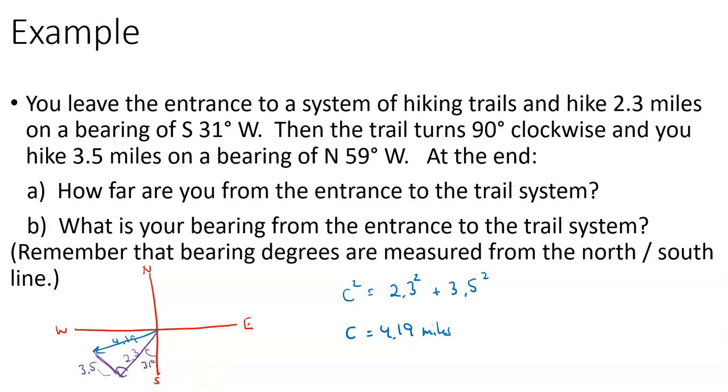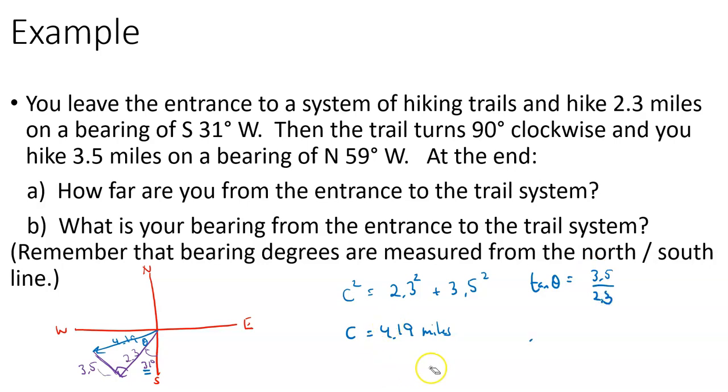My reminder was that bearing is from the north and south. So first let's start with this angle over here. If I can find that angle, then I'll add 31 to it, and I'll get the number of degrees from the south. So from that angle, let's use the two numbers in purple. Two numbers in purple are opposite and adjacent. So tan of theta equals opposite over adjacent.